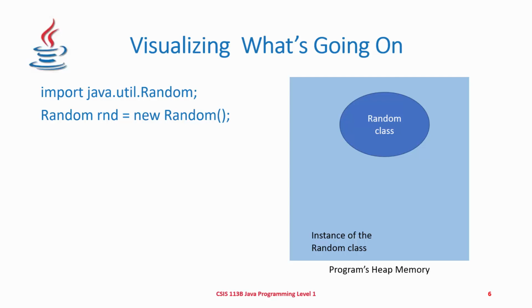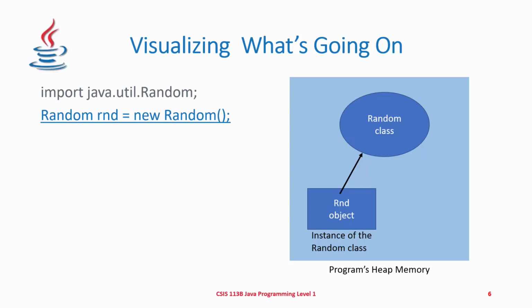So that instance of the class is now being generated in the heap memory for whatever program we're writing. And you can see that it actually is pointing back to the Random class. The entire code of the Random class is not copied into the Random object.